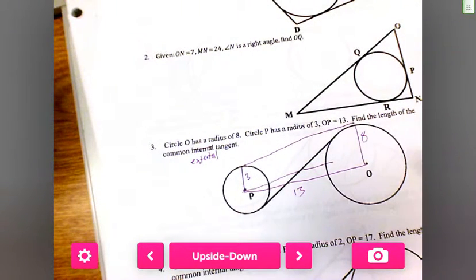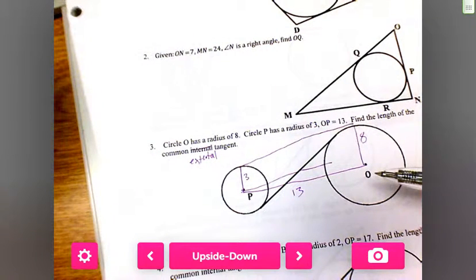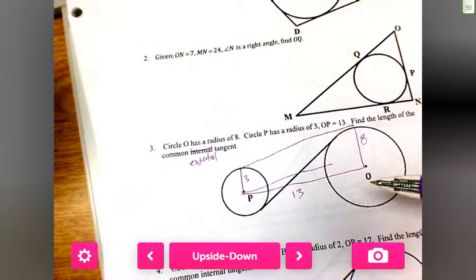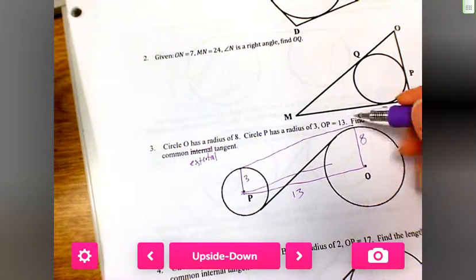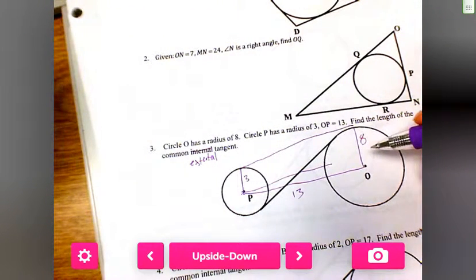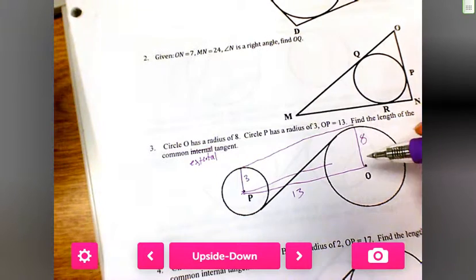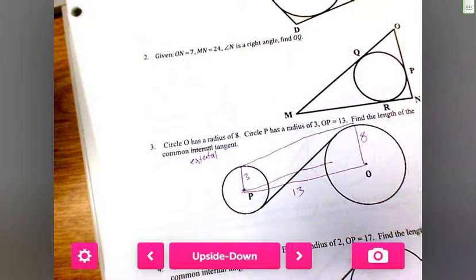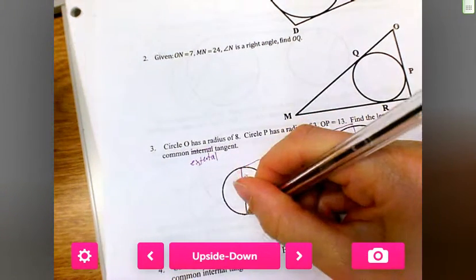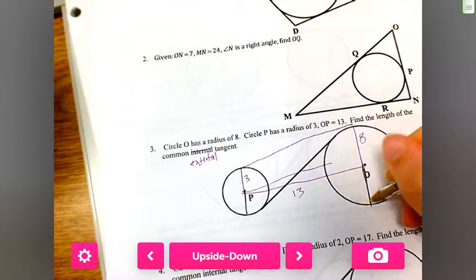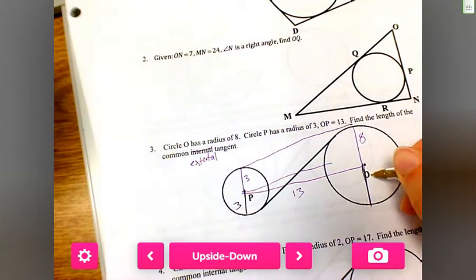Okay, so what we're going to do is create a right triangle, and then we're going to create a rectangle. I'm better off showing you down here. This is 3, this is 8.